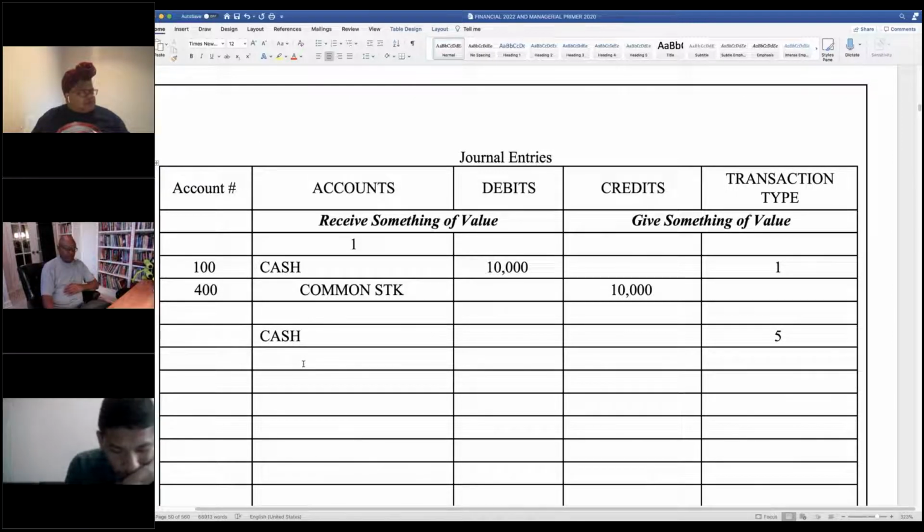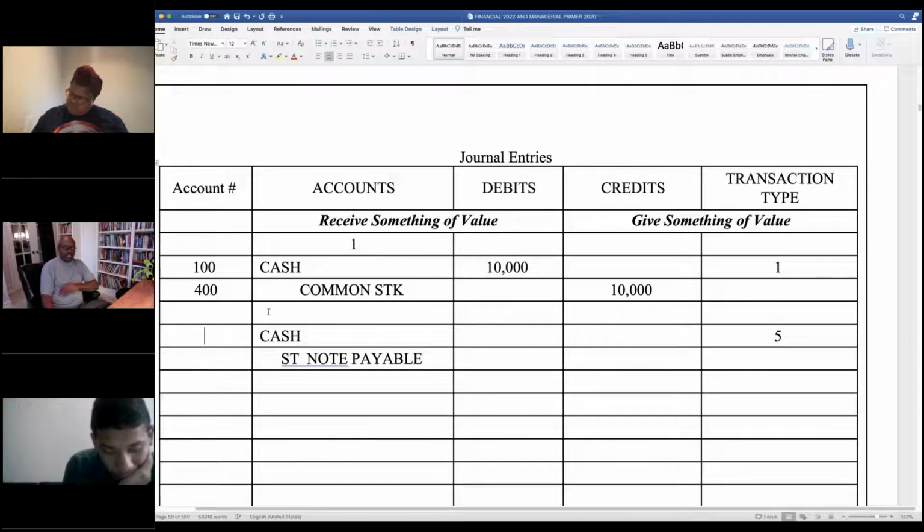You're supposed to have a hard copy of that because you only get 2 minutes to make a journal entry. So you can't be fooling around.